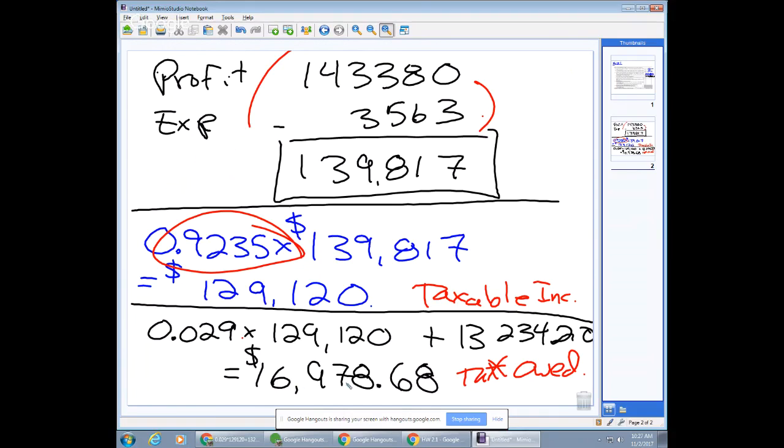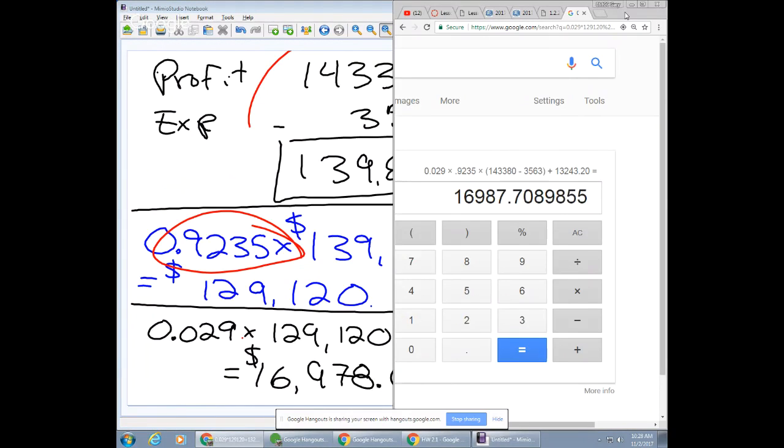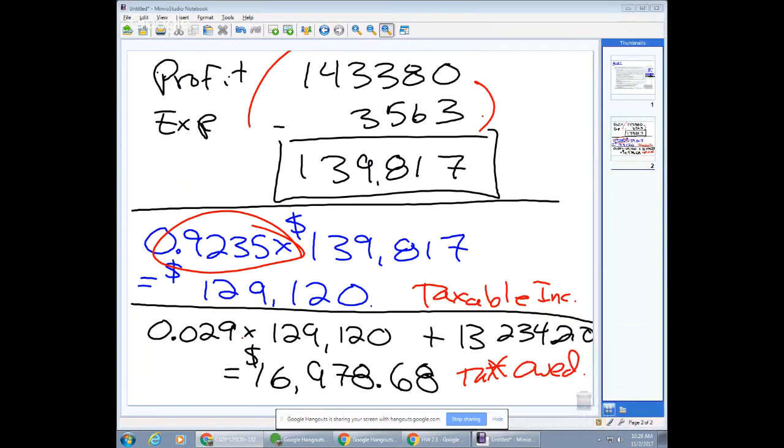Take the 16,978 and divide by the 129,120. I'm going to do that on my calculator off to the side here so I can see it clear. So take the 16,978.68 and divide by 129,120. Is that right? Yeah. So he's paying about 13% total.